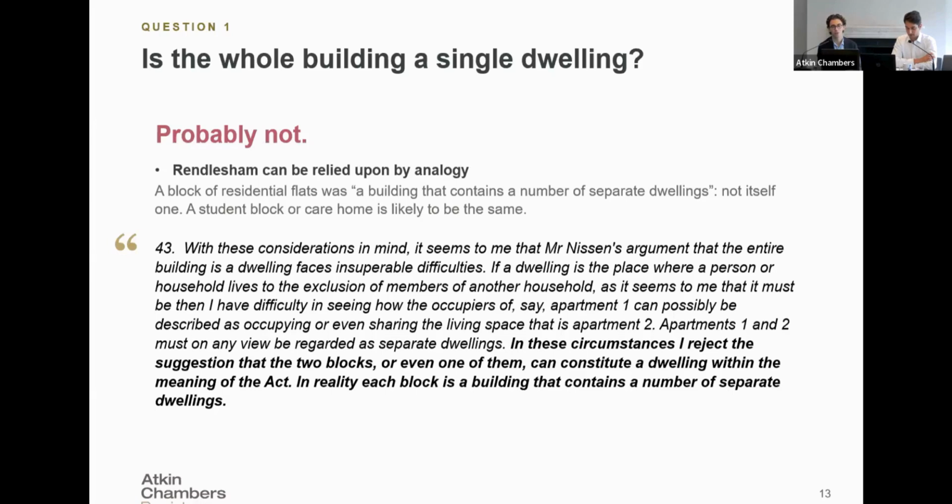That could be your corridor, rooms, bathrooms, and toilet, and kitchen. We'll get on to the question of cluster flats at the end of the talk, which is an example of a different type of student accommodation. So it's not clear cut by analogy, but Rendlesham at least gives us some guidance here.